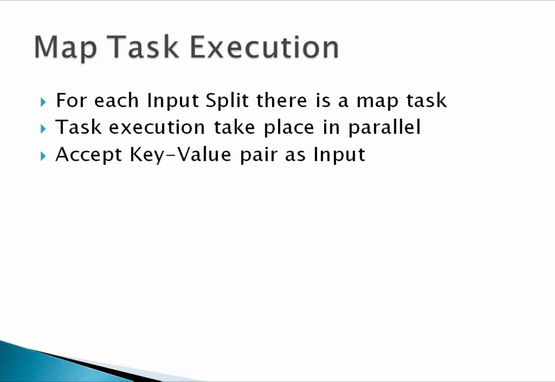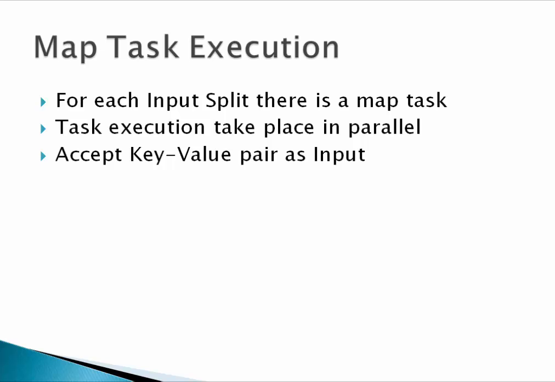Now we have something called a map task, which is code written by the developer. For each of the input splits received from the client side, there is one specific map task which runs the specified function provided by the user on each record split.